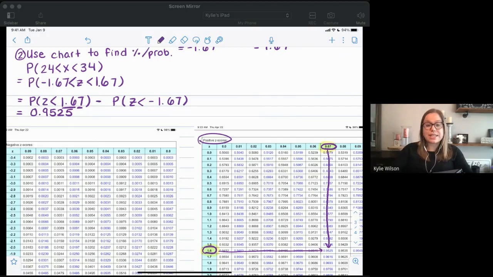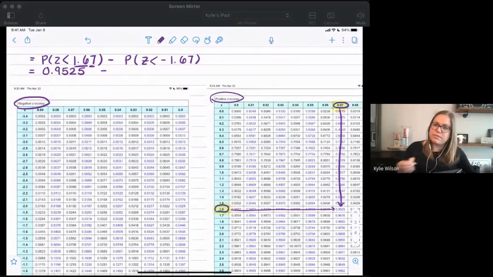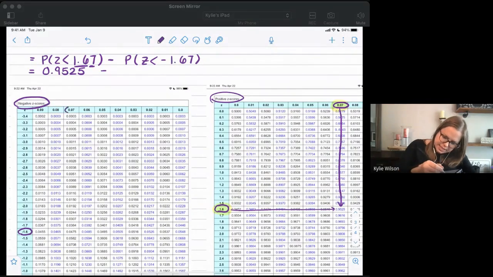That's what that means. Now we need to find the other one, so negative 1.67. So for this one, we go to my negative z-score chart, and all of these are on the same document on Google Classroom for you. And then I go to negative 1.6 and then 7.